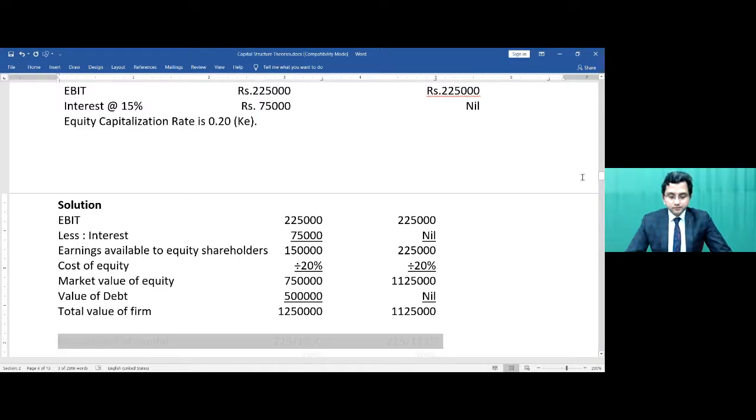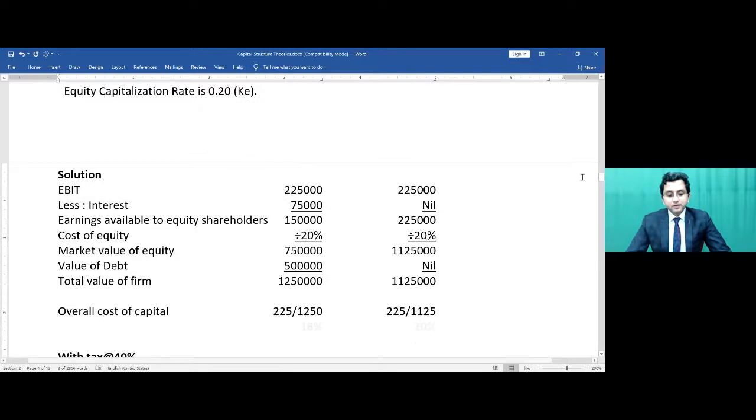Look, the shortcut formula is EBIT divided by capital employed, EBIT divided by value. So EBIT is 2,25,000 divided by value in case of first company 12,50,000 and value in case of second company 11,25,000.